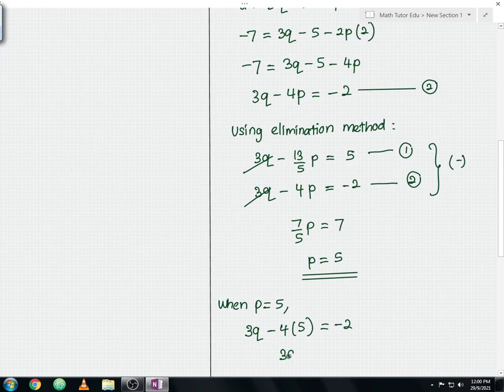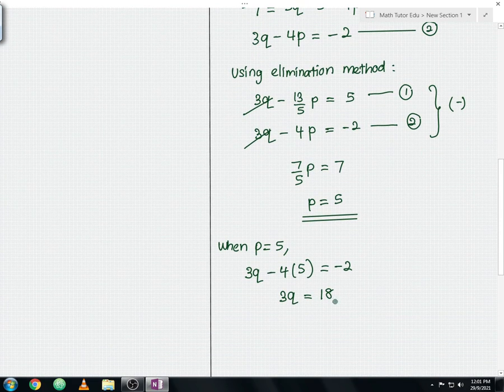You calculate this, you get 3q is equals to 18. Negative 4 times with 5 will be negative 20. So this negative 20 from the left hand side, you move it over to the right hand side, so it will be negative 2 plus with 20, which is 18. So 3q is equals to 18. To get the q, you divide 18 with 3. So you get your q is equals to 6. So this is your second solution for the question part A. Let me underline the second solution.